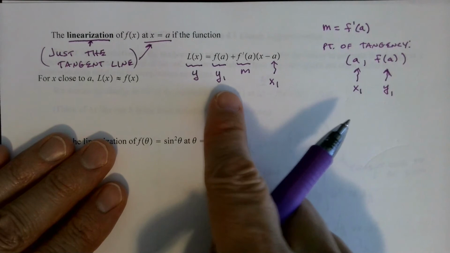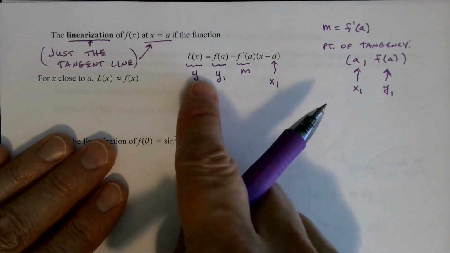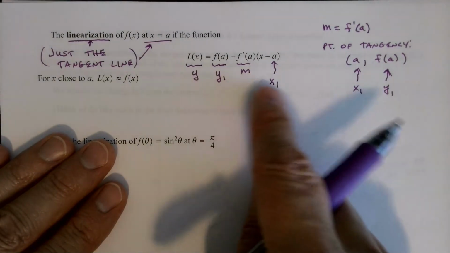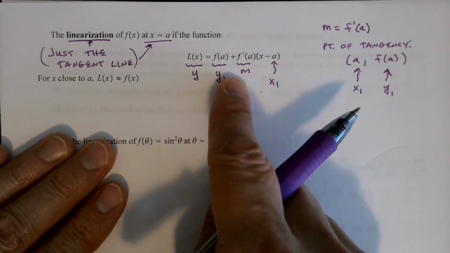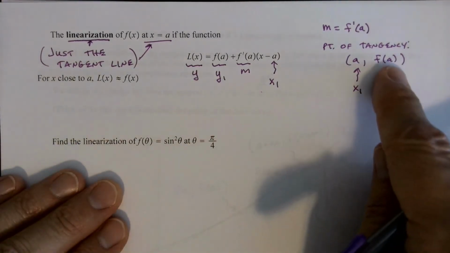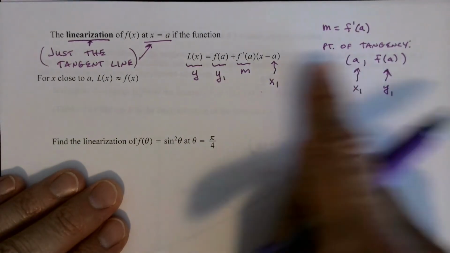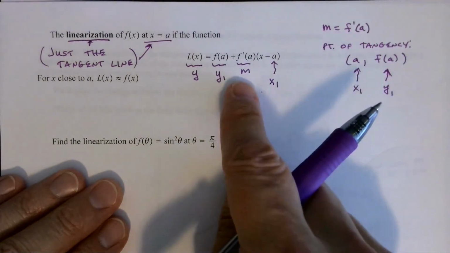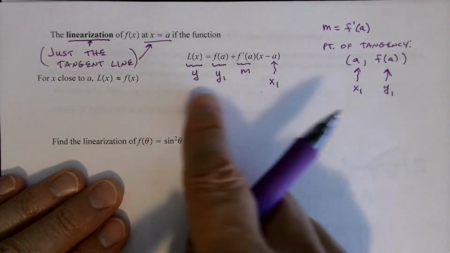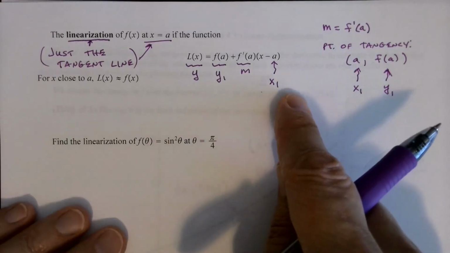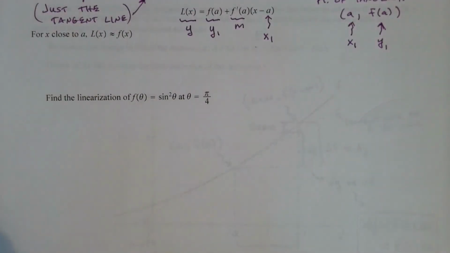Right, it's kind of solved for y. You'd actually have y minus y1 equals m times x minus x1, but I've brought the y1 over here. So the y1 is the same as f of a. The x1 is the same as a, and m is f prime of a. So you see, this is nothing more than exactly the tangent line. Okay, so when we say find the linearization, you just find the equation of the tangent line.